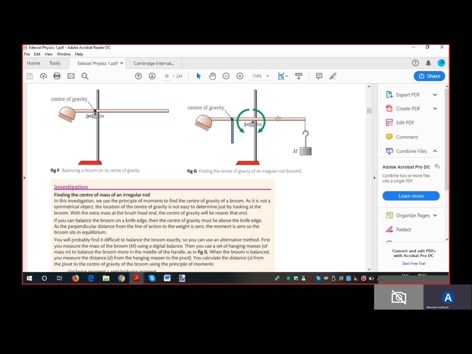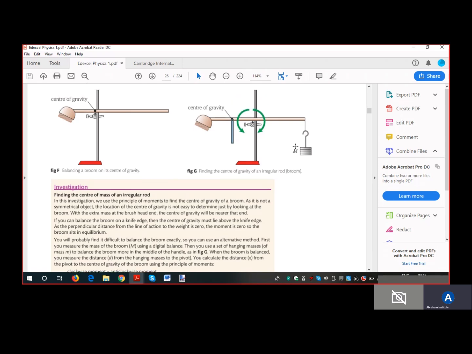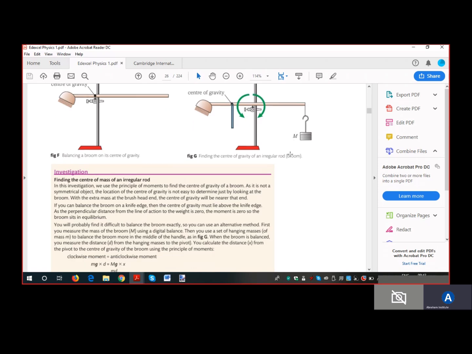So if it is balanced, then the sum of clockwise moments about this point, which is the moment exerted by this, the only force that is trying to turn it clockwise, should be equal to the sum of anti-clockwise moments about this same point. So here we have the center of gravity, so it's trying to turn it this way. Then it is in equilibrium.